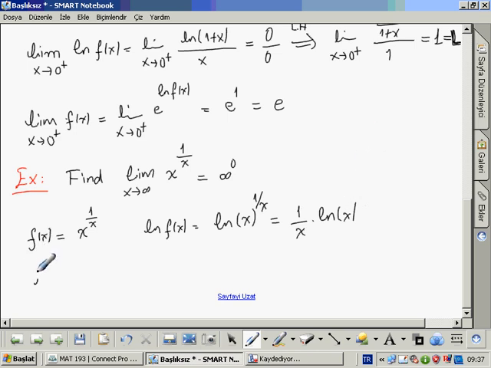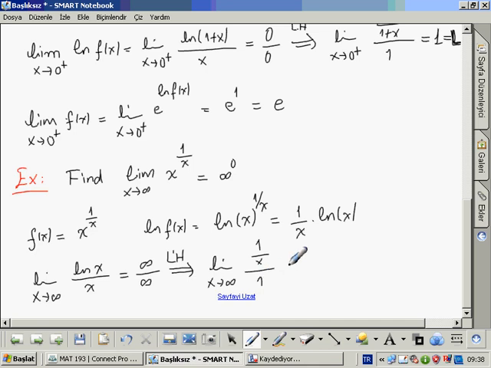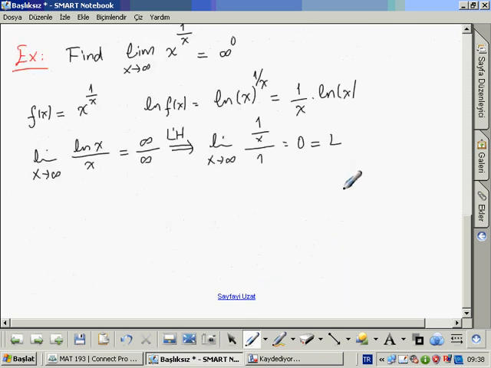And after that, the limit as x approaches infinity of ln x over x, and it will be infinity over infinity. Then apply the L'Hopital rule. What will we obtain? Firstly I have to write the limit as x approaches infinity, and this part is 1 over x over 1, so it's equal to 0, which is the capital L value.